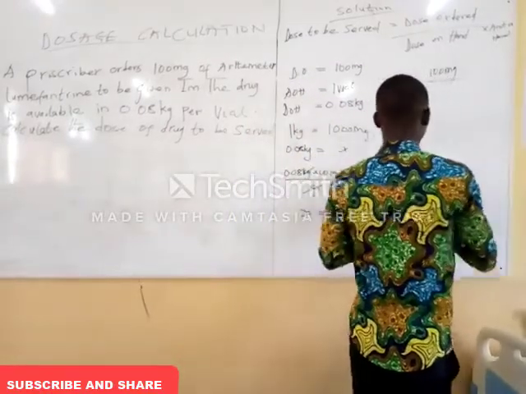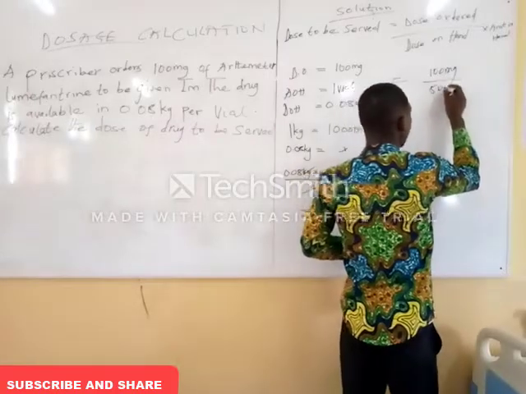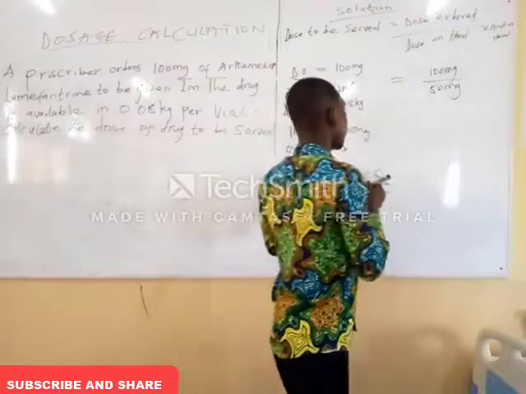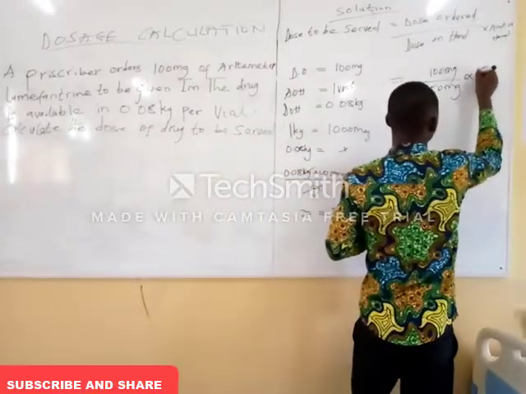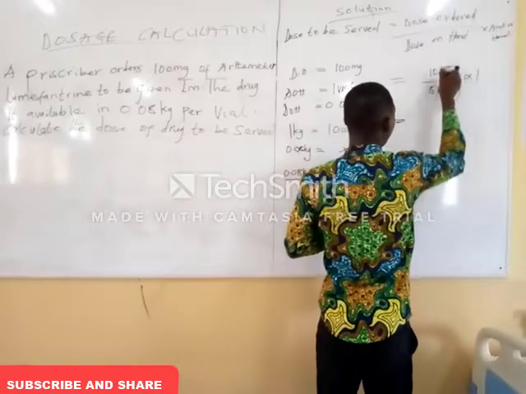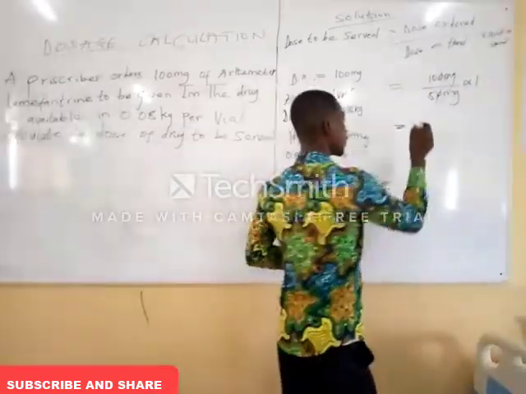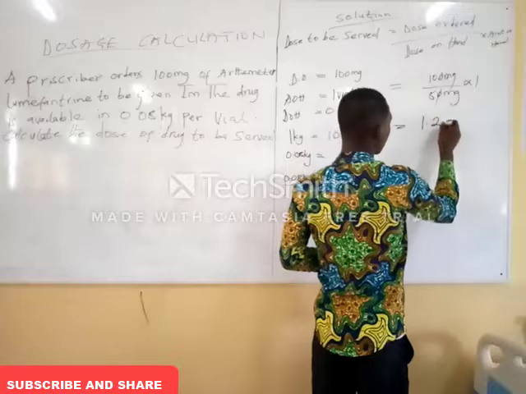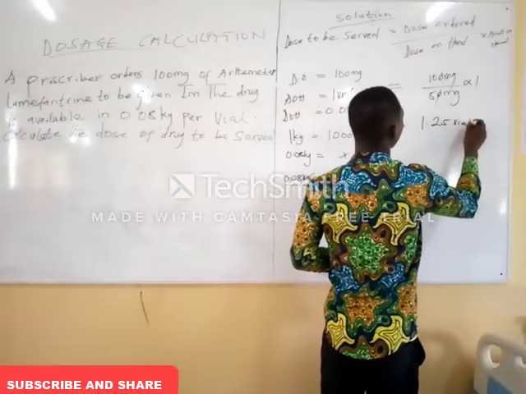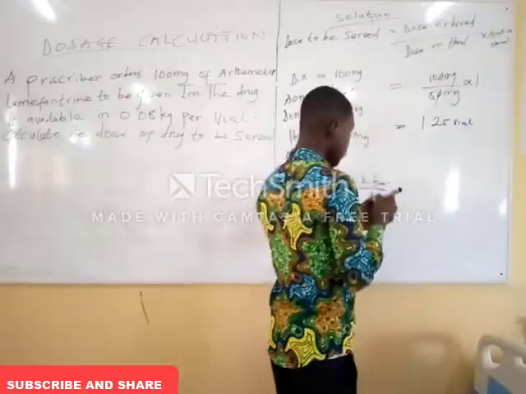We have changed it, so now it's 80 mg. And the amount on hand is 1 vial, so 1 times 1. So this will cancel this. The answer is 1.25 vial. So that is the answer.